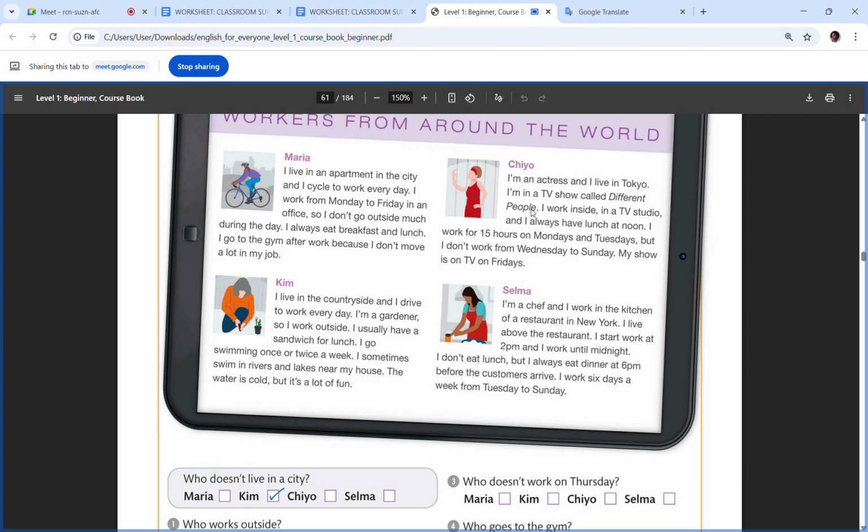Let me read this again. Selma says, I work 6 days a week, from Tuesdays to Sunday. So the question is, who doesn't work on Thursday?